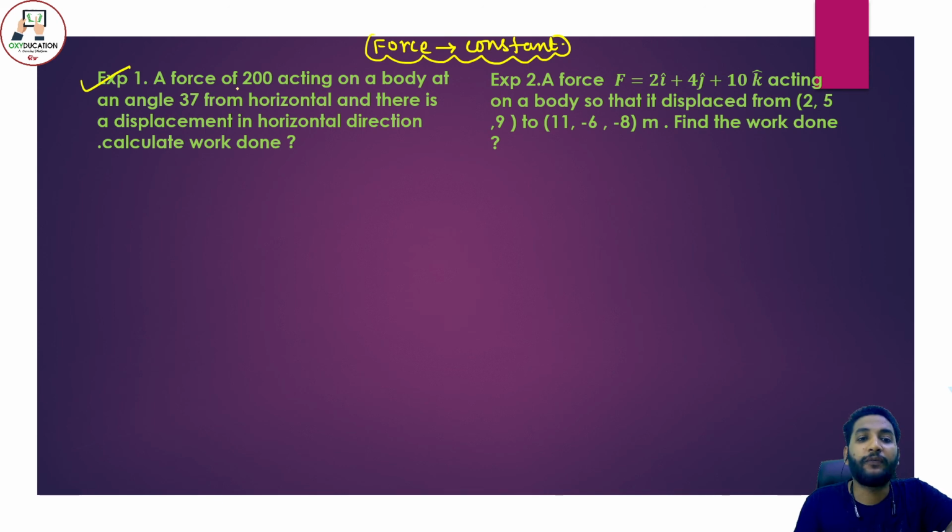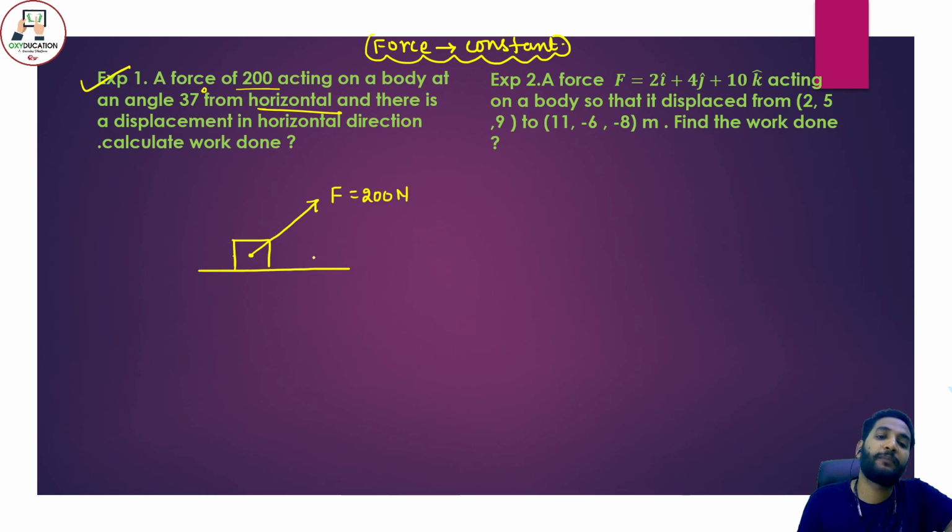कह रहा क्या, a force of 200 Newton acting on a body at an angle 37 degree from the horizontal. मतलब केवल इतना हमें पढ़ना है. अगर इतना पढ़ते हैं तो क्या होगा, देखो, this is an object and a force of 200 Newton is applied on the body making an angle 37 degree from the horizontal.